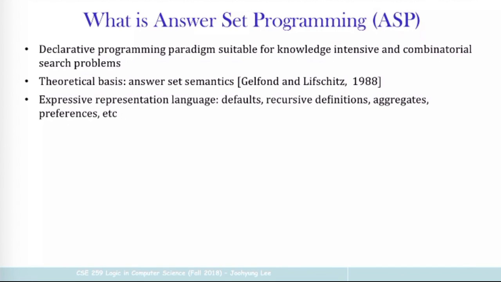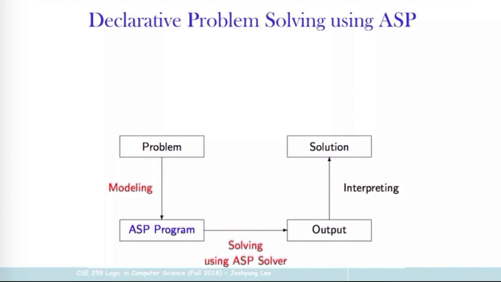It has very rich language constructs: default, recursive definitions, aggregates, and preference, which we are going to learn later. So for now, the programming that we are going to do here is you start with the problem, and then the modeling here is to write answer set programs. So you are going to write some answer set program, and the execution here means solving this program using a special engine called an ASP solver, answer set programming solver.